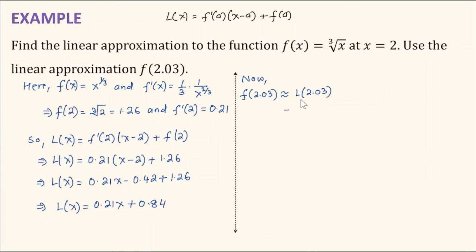Let's see what we get if we plug in 2.03 in this function. It will be 0.21 multiplied by 2.03 plus 0.84. If we simplify this using a calculator, what I got here is 1.27.